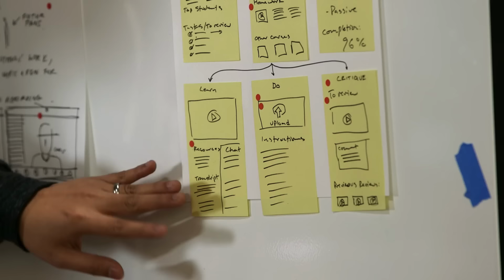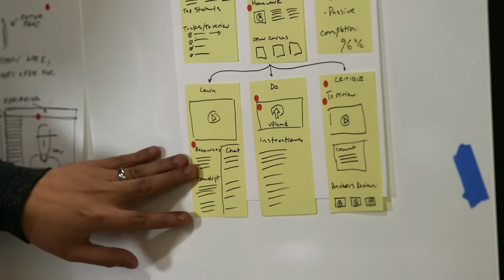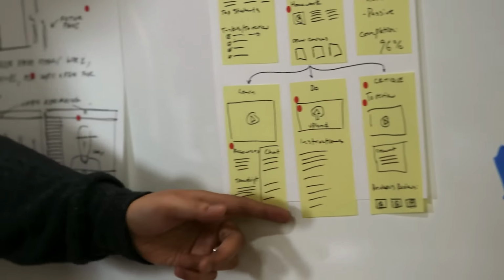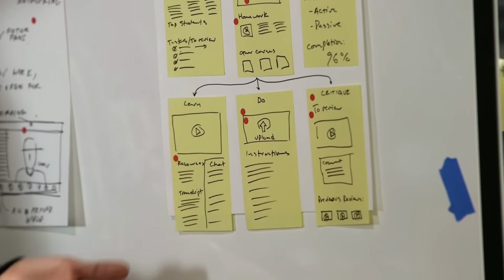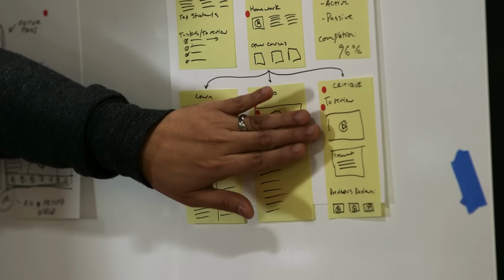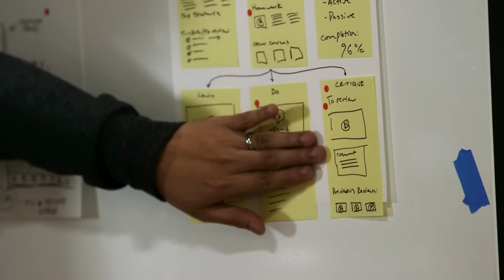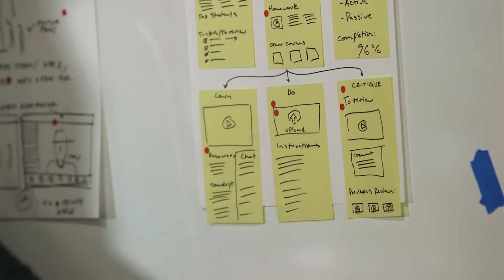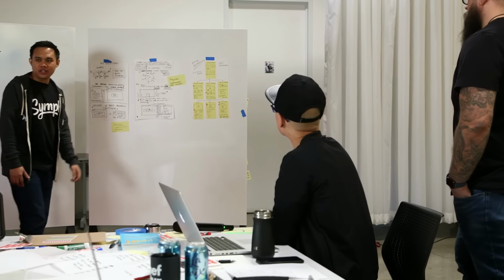There's chat, transcripts, and also resources. Then you have do, where you upload your homework. And then critique is the things that you need to review, and then your previous reviews. So this is it for Future University.